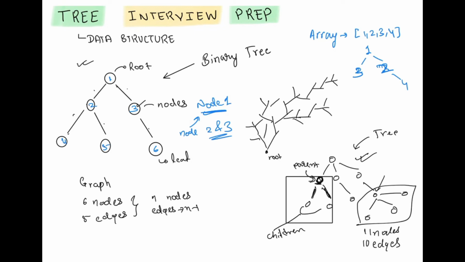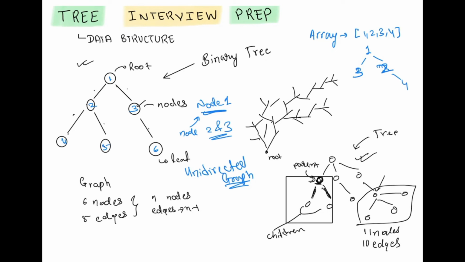And that lets me coin the term unidirected graphs. You might see that I'm using the word graph a lot. It's because a tree is nothing but a graph, a very restricted case of a graph.